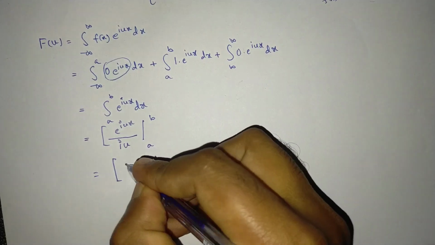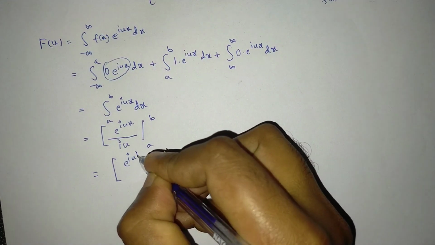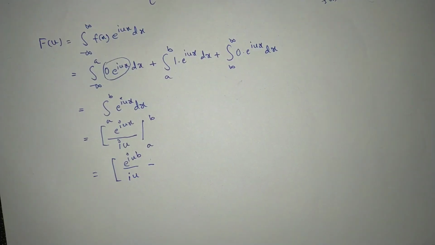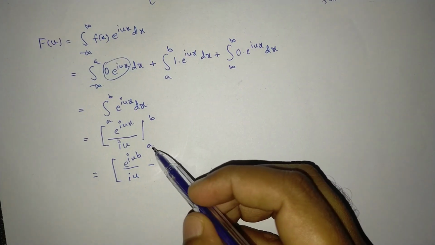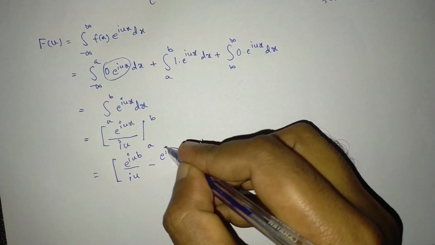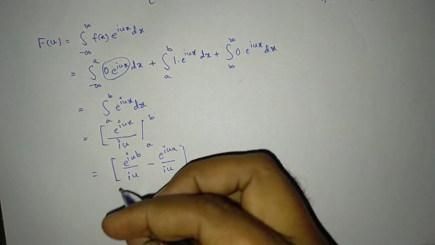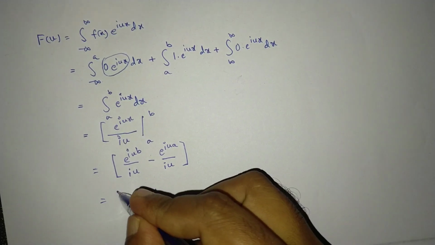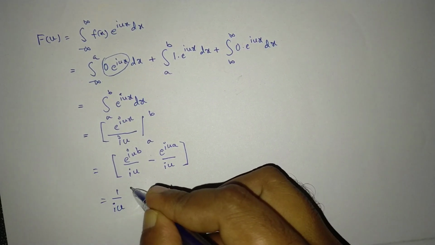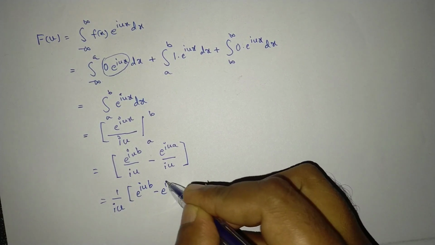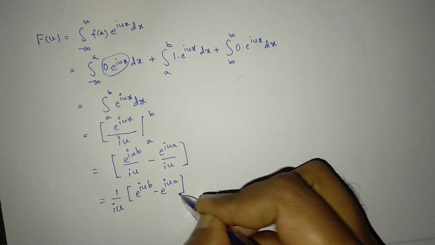Put x equal to b: e power i u b divided by i u, minus, put x equal to a: e power i u a divided by i u. So the answer is 1 by i into u, into e power i u b minus e power i u a.